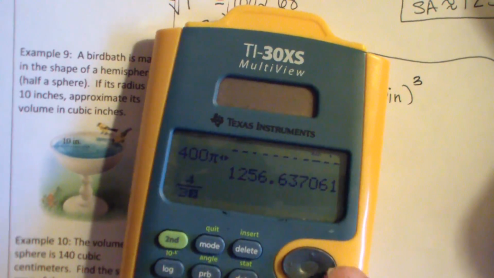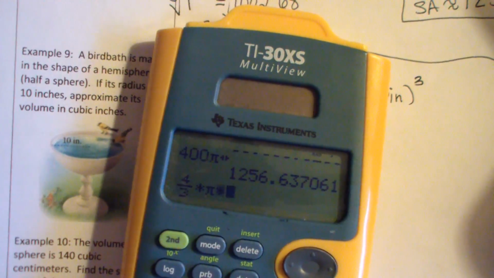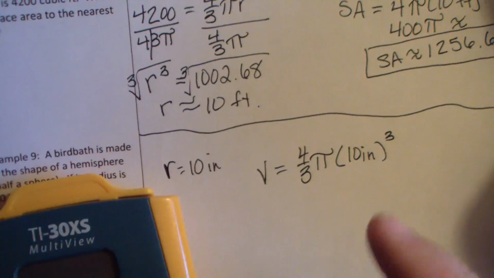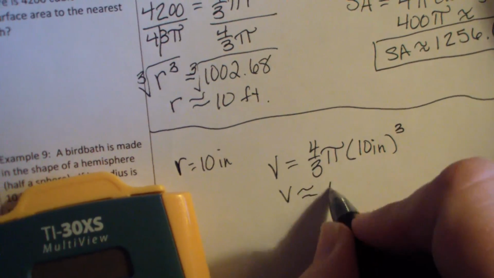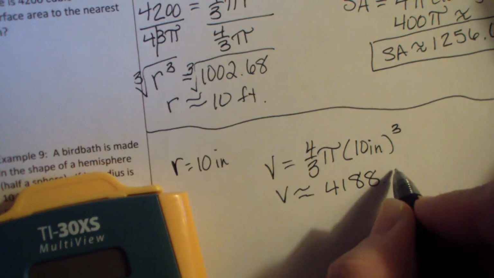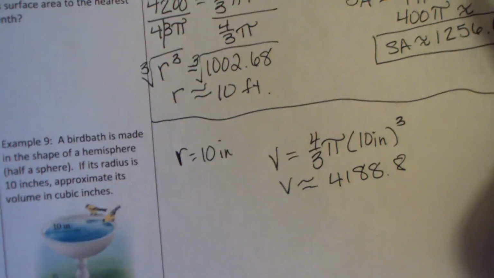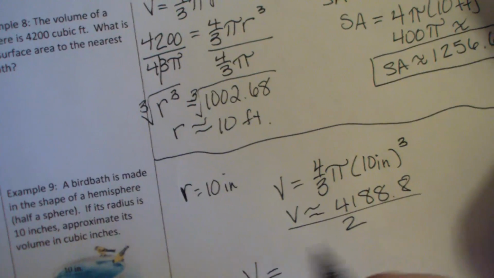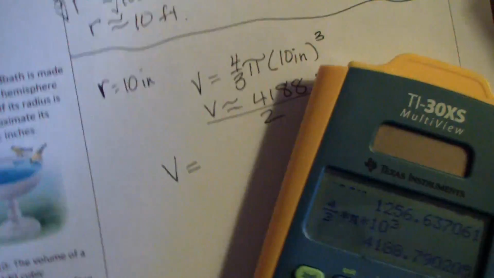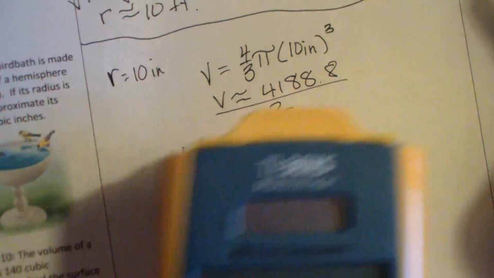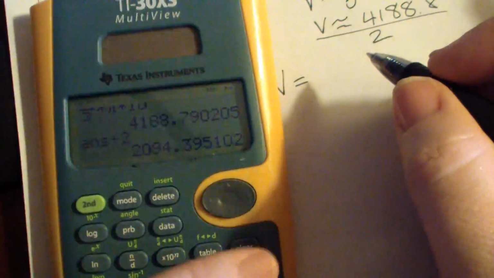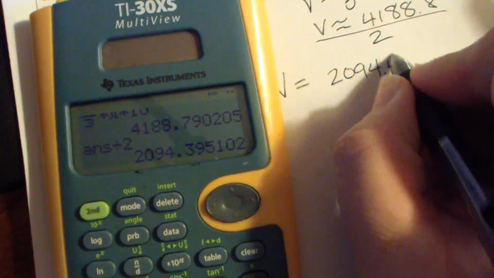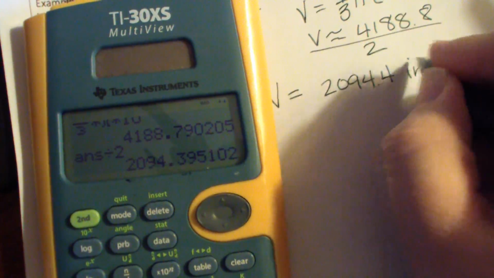So 4/3 times pi times 10 to the third power, and we get approximately 4,188.8. We want half of that, so we divide by 2. The volume of our bird bath is approximately 2,094.4 inches cubed.